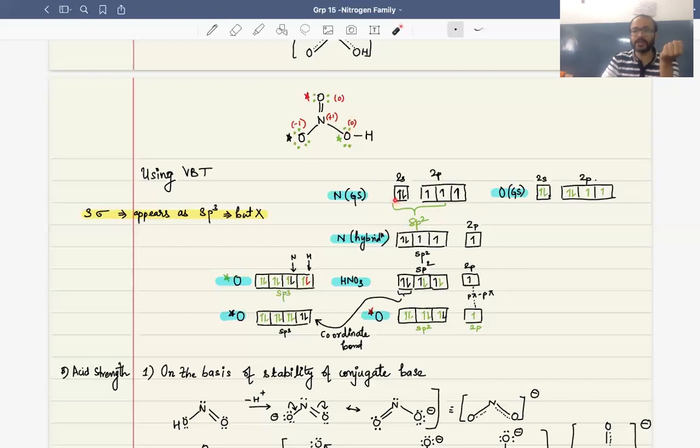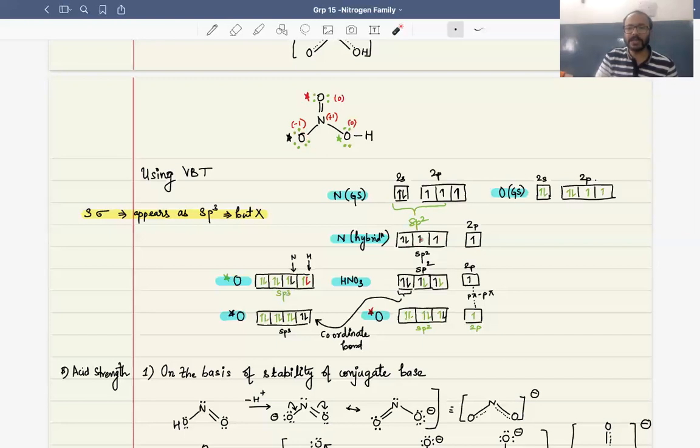So if we take into account 2 sigma bonds, we have sp2 hybridization happening, and we have this particular way in which we write the electronic configuration. Now, when we form the nitric acid, it is important to see what is happening, like what is the nature of the bond to all these 3 oxygen atoms, which will help us to understand in detail the nature of the bond.